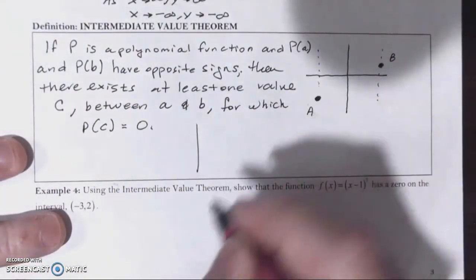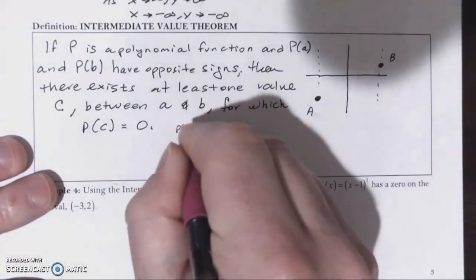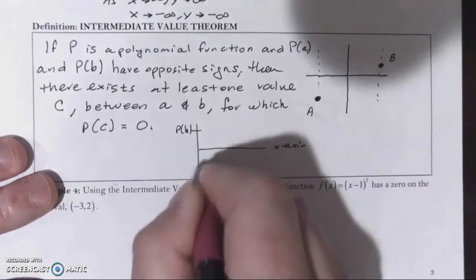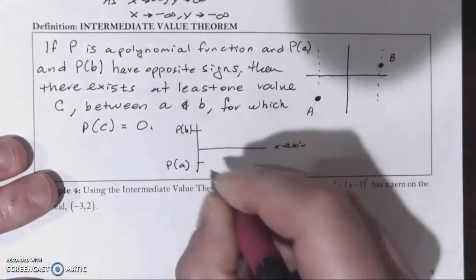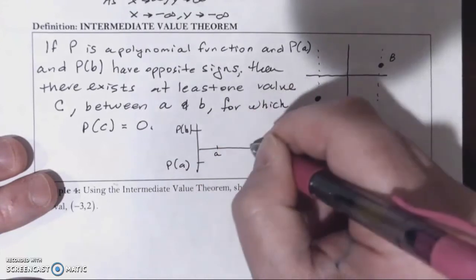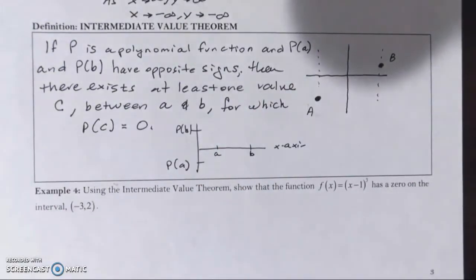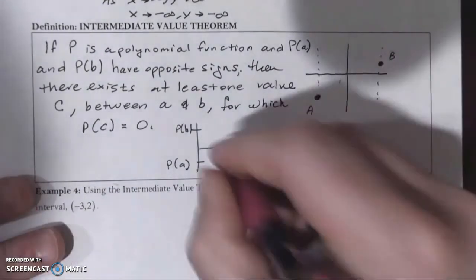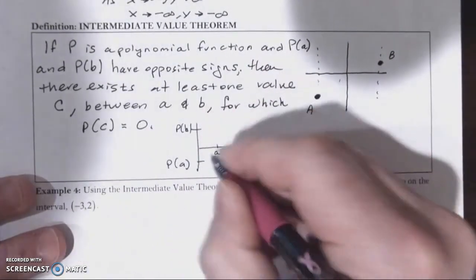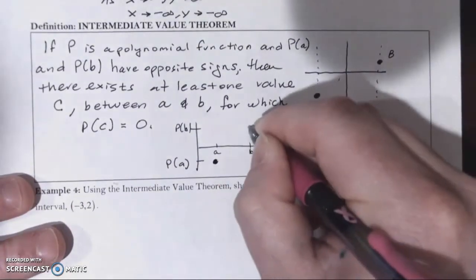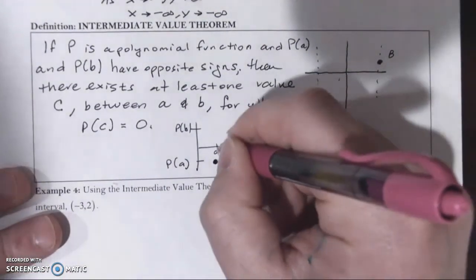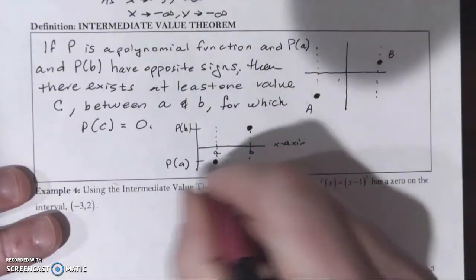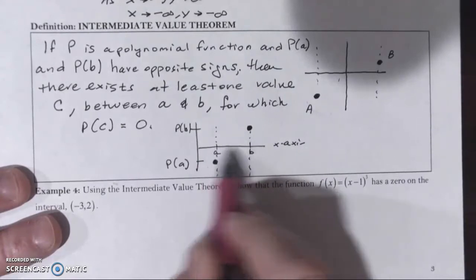So, here we go. Here's the x-axis. This is going to be P of A. Here's A. Here's B. If P of A and P of B have opposite signs, then in between A and B, there is some value C for which P of C would lie right on this axis.